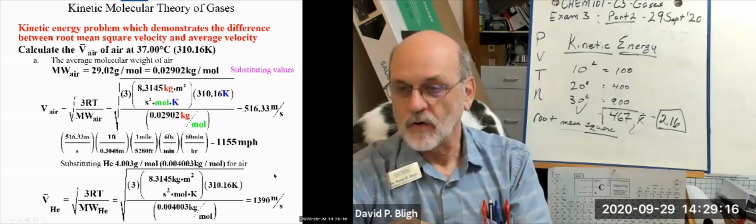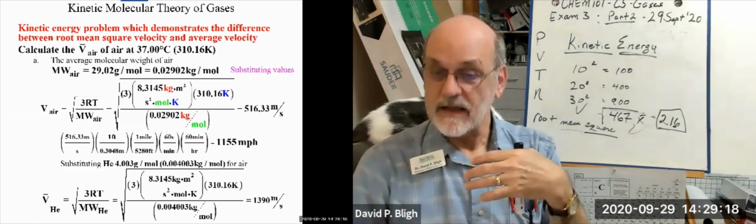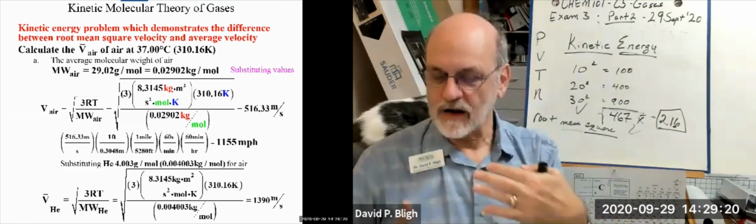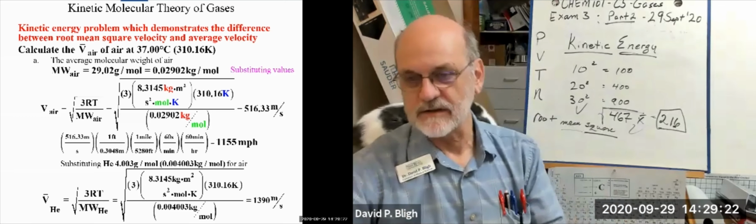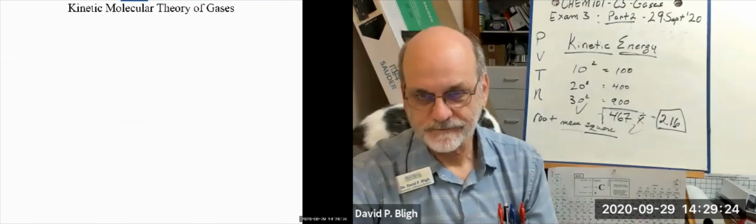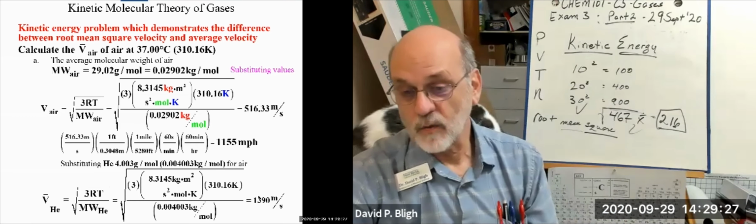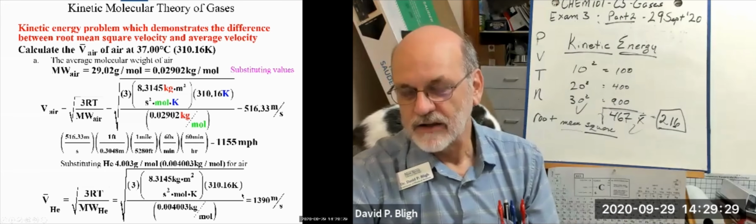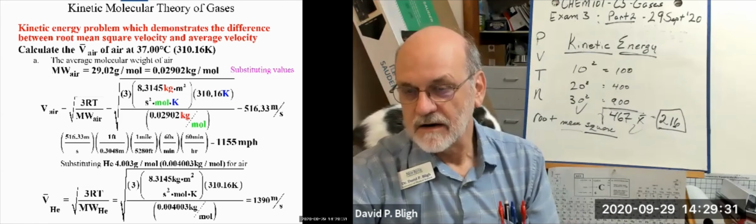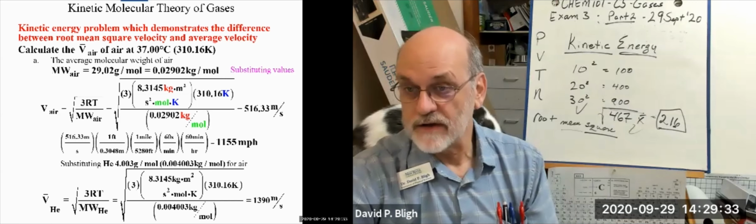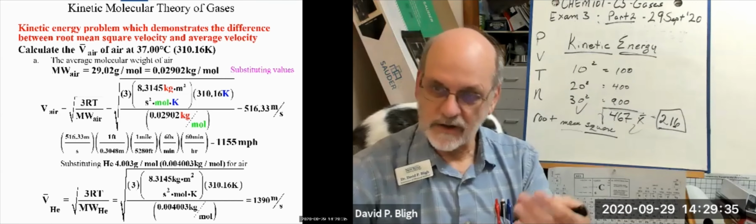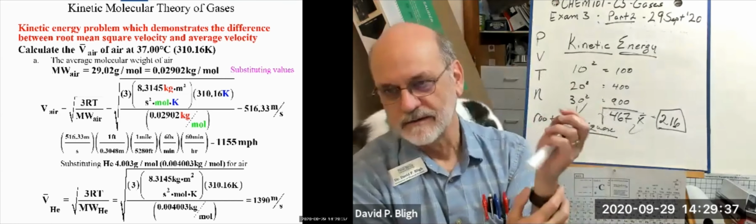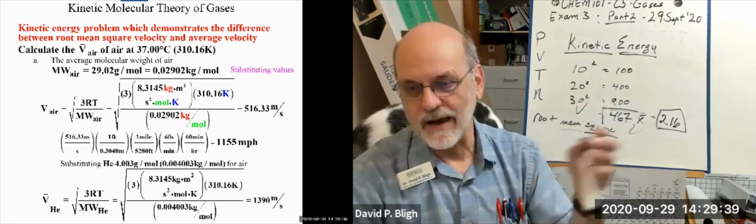So qualitatively, we see that the lighter molecules give us higher velocities. That's why when you breathe helium and you try to talk, the velocity of the sound waves increases and consequently increases the frequency. So you talk like Mickey Mouse.